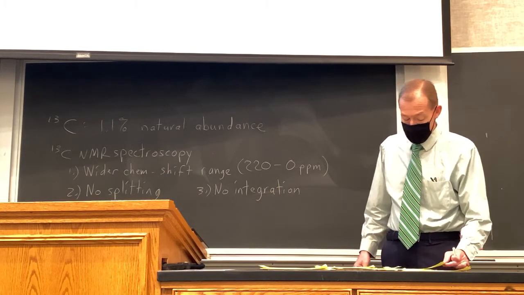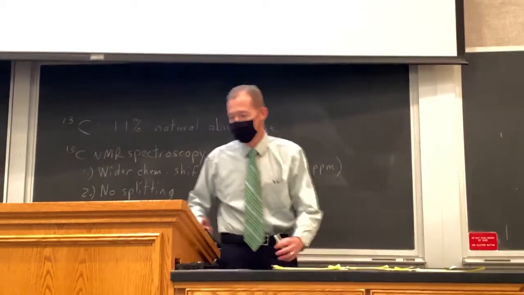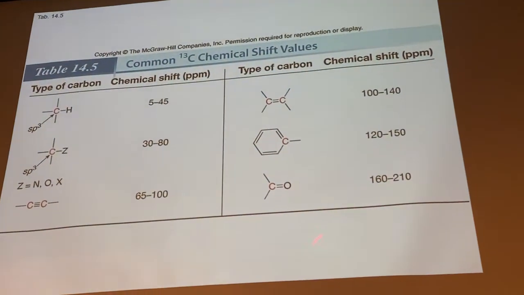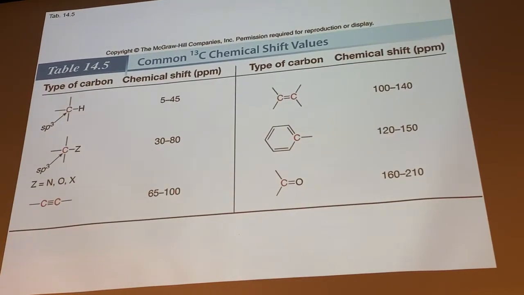Okay, so we have a table that shows us common chemical shift values in the C13 spectra. These carbons show up in the regions that you would expect based on the arguments we made with proton NMR. If we have an electronegative heteroatom, that carbon will be deshielded.